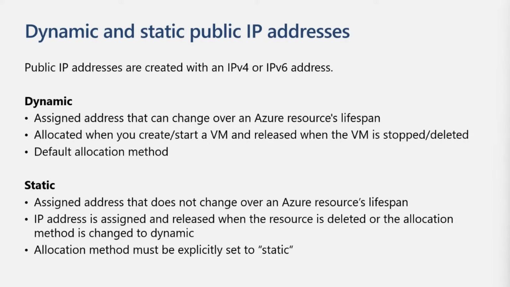This is also allocated whenever you create or start a VM, and the IP address will be released once that VM is stopped, deallocated, or deleted. Dynamic is the default allocation method in Azure, but if you prefer something that does not change over the resource's lifespan, you can explicitly set your allocation method to static.